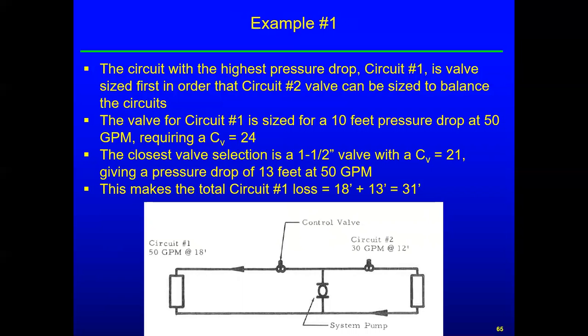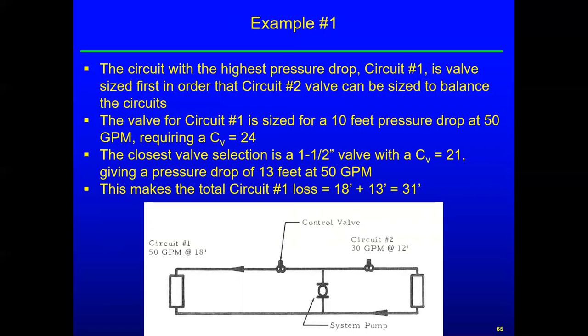The circuit on the left requires 50 gallons per minute and has 18 feet of head, and that's everything in that flow circuit all the way through the pump, all the way around that circuit, except the control valve.